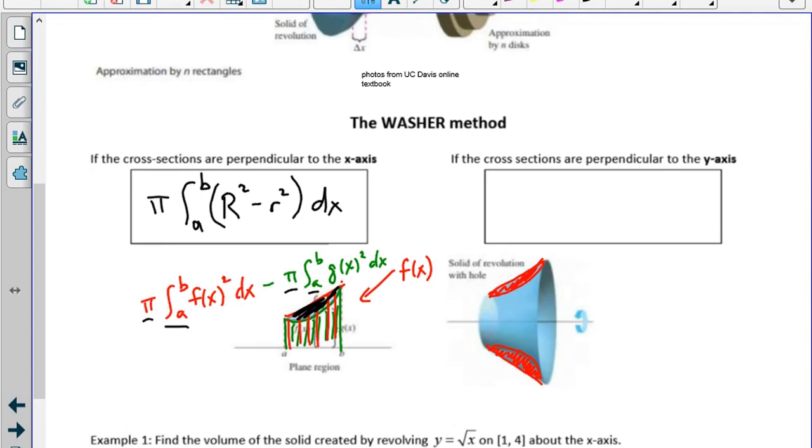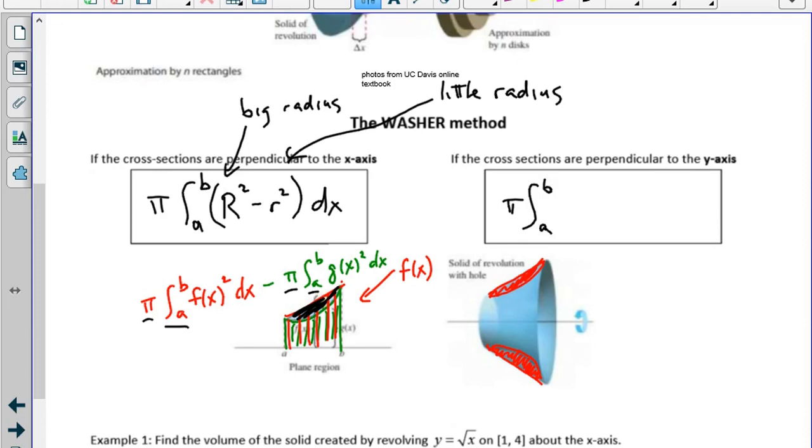So big R, I'm going to call that the big radius, and little r is, of course, the little radius. If things are perpendicular to the y-axis or some x equals line, it would be pi times the integral from a to b of big R squared minus little r squared, the quantity dy.